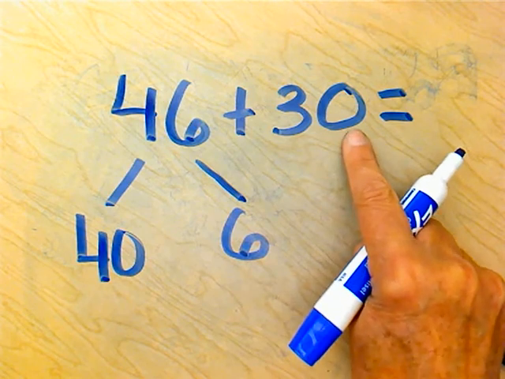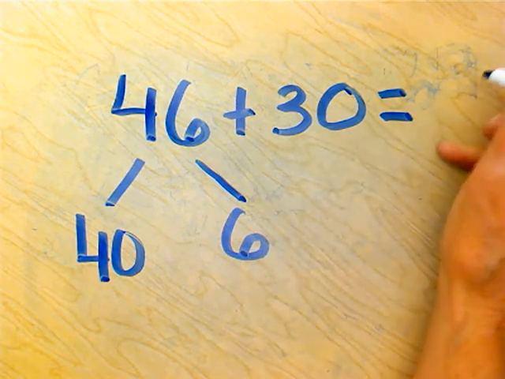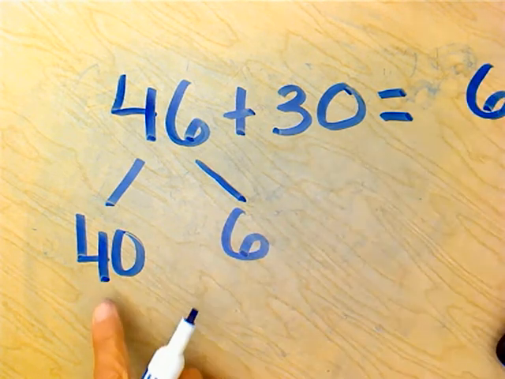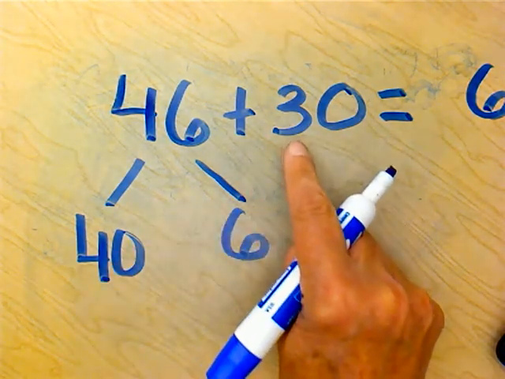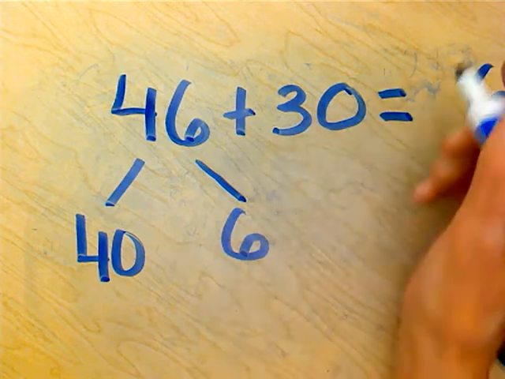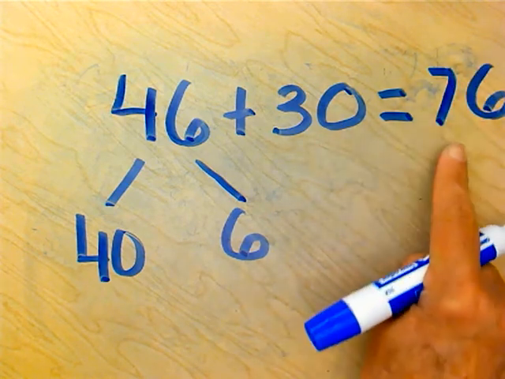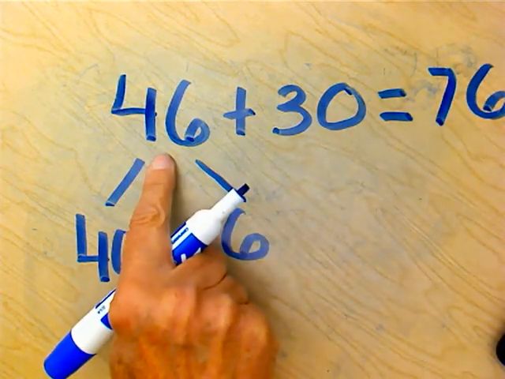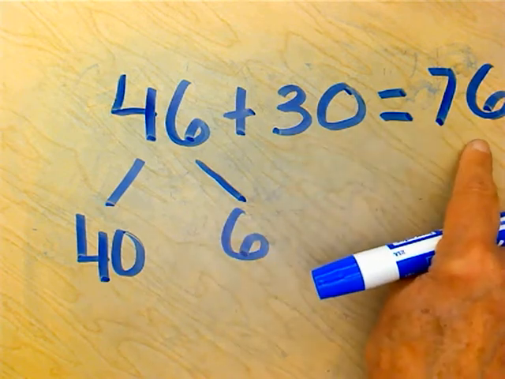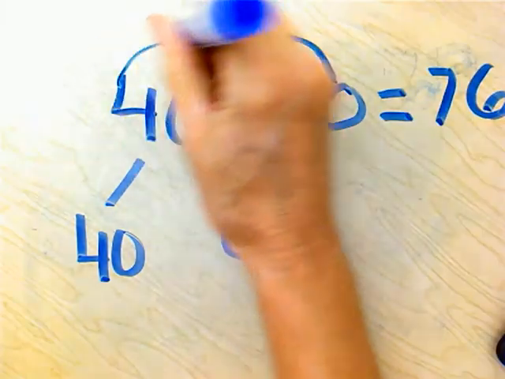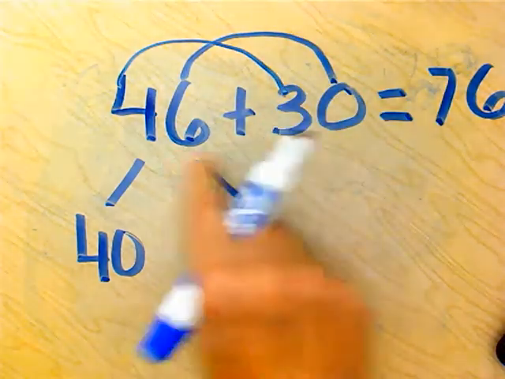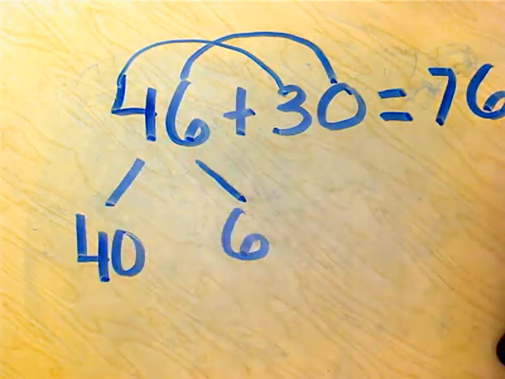I don't have any ones, so 6 plus 0 is 6. I've got 40 and 30. 40 plus 30 is 70, which gives me 76. I'm adding my ones, and then I'm adding my tens.